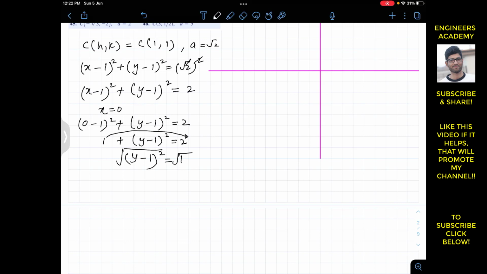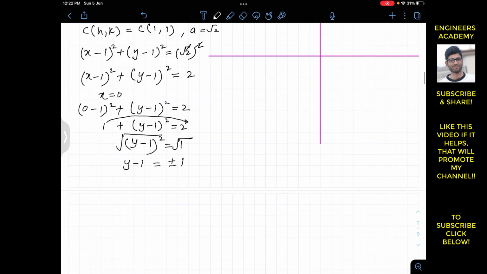And if we take the square root on both sides, y minus 1 will be equal to plus or minus 1. From this we can write that y minus 1 is equal to plus 1, and y minus 1 is equal to minus 1. So this minus 1 on the other side will become plus 1.